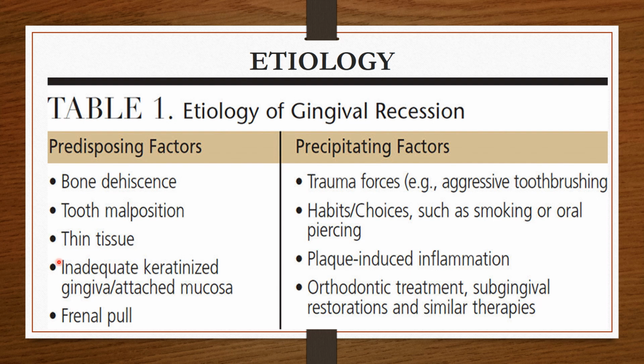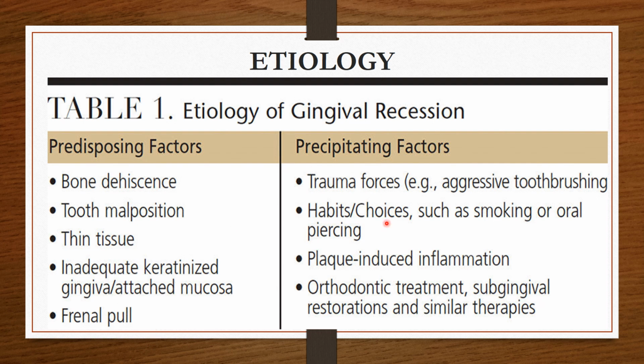That is, bone dehiscence, which depends on the thickness of the bone, excessive proclination of incisors and expansion of the arch. These are associated with greater risk of gingival recession. So that can be one of the reasons, and tooth malposition as we told before, thin tissue, inadequate keratinized gingiva or attached mucosa, and also frenum pull.